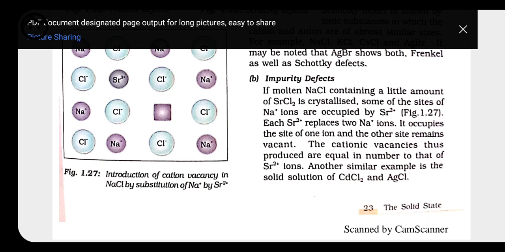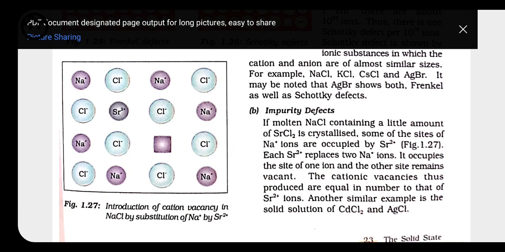See the structure here: two sites are displaced, because sodium +1 and sodium +1 equal +2, and strontium itself has +2 charge. But strontium can occupy only one place, and one place becomes vacant.